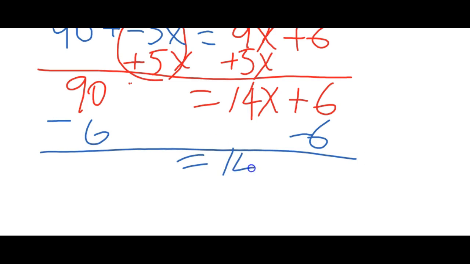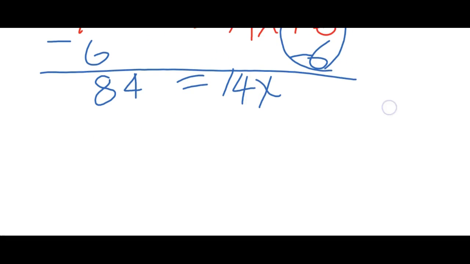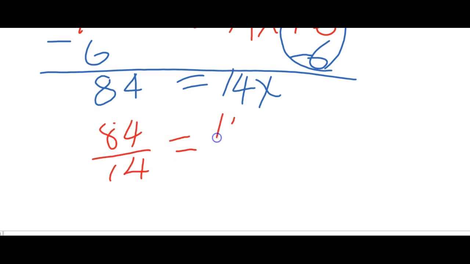That gives us 14x here, and this becomes 0. So 90 minus 6 is 84. All right. So what do we do next? We divide both sides by 14. So 84 divided by 14 would give us x.